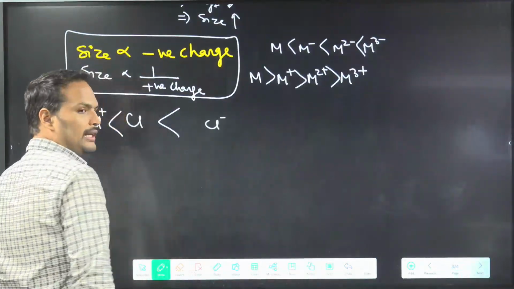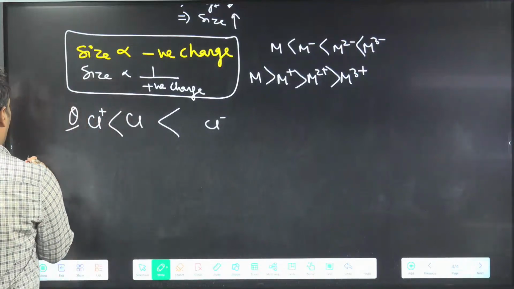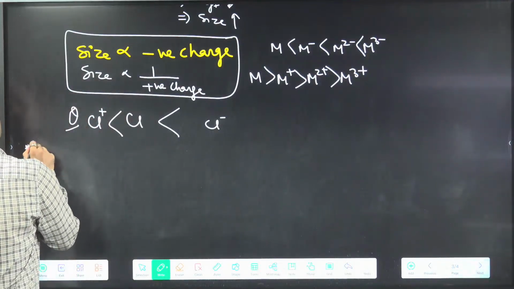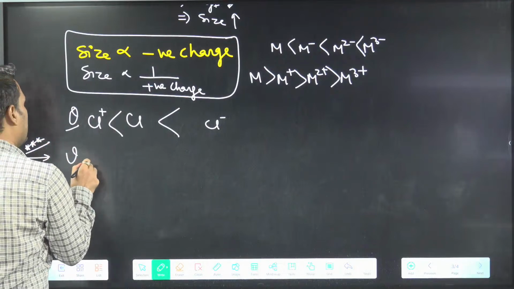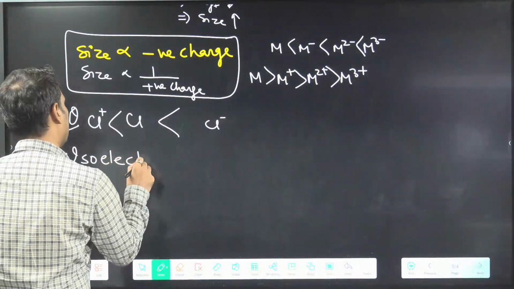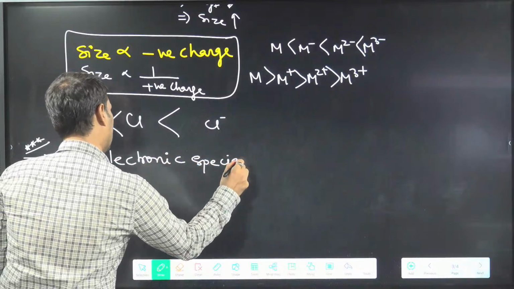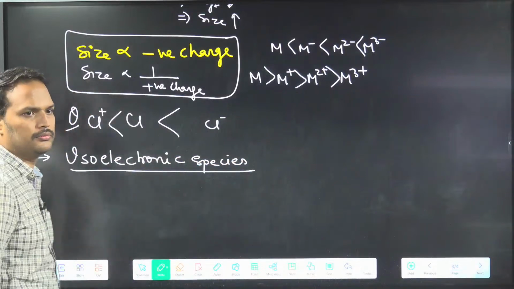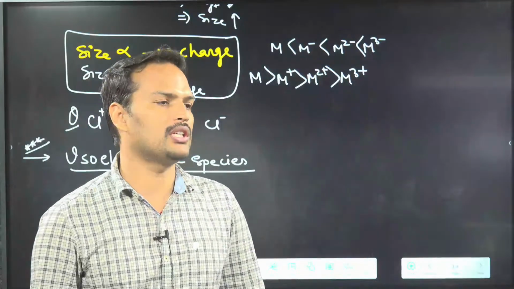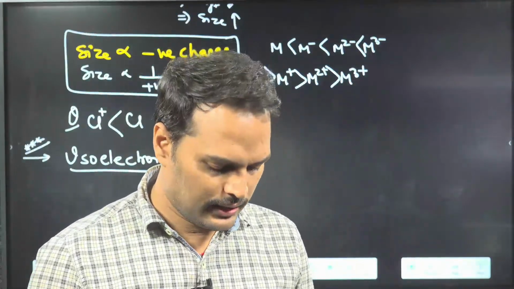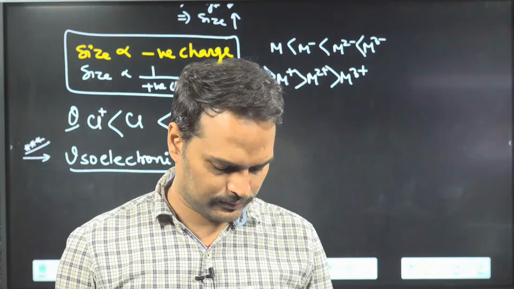Now we will move to the last point of this. What is the last and most important point? Isoelectronic species. Do you know isoelectronic species? Yes or no? What are isoelectronic species?